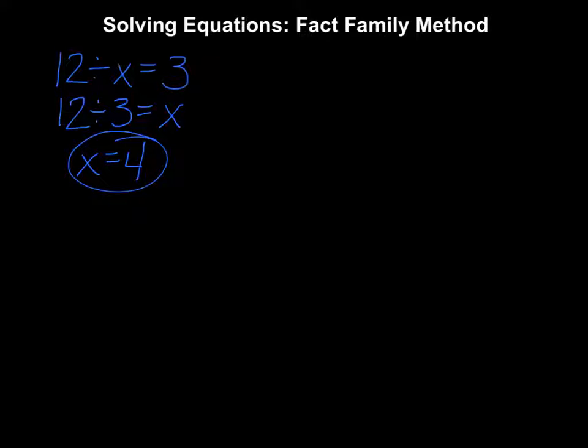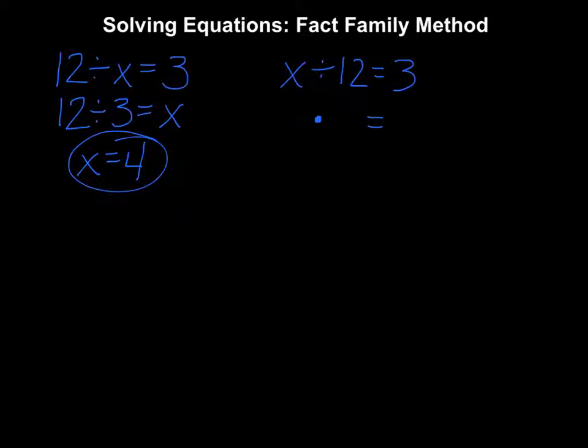Now let's go ahead and take a look at x divided by 12 equals 3. So the next line of this fact family would be another division problem. So since it's division, it'll be the dividend that stays in place, so this time the x. So this would be x divided by 3 equals 12, since these would just switch places. Well, since that's not helpful, obviously I'm going to have to switch over to multiplication. So I'm just going to go ahead and put my multiplication dot in and my equal sign.